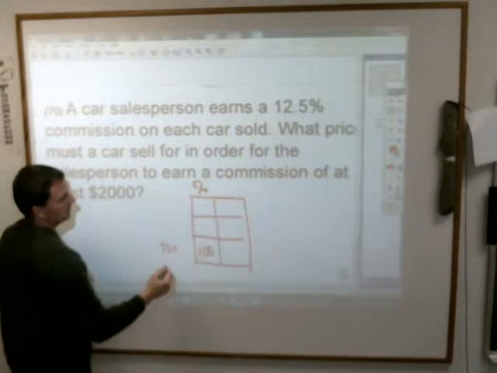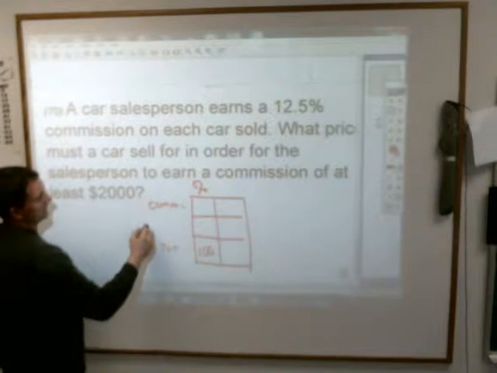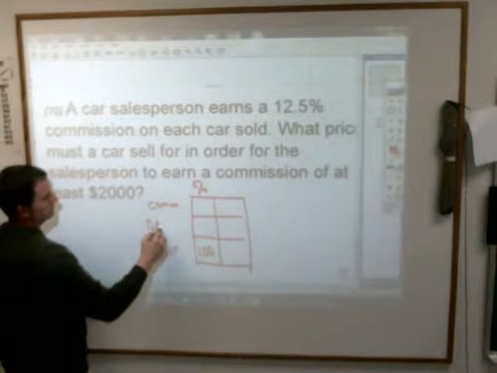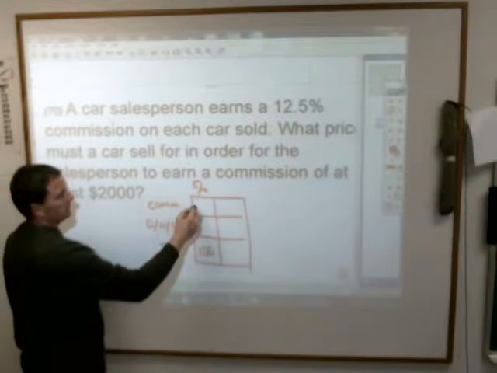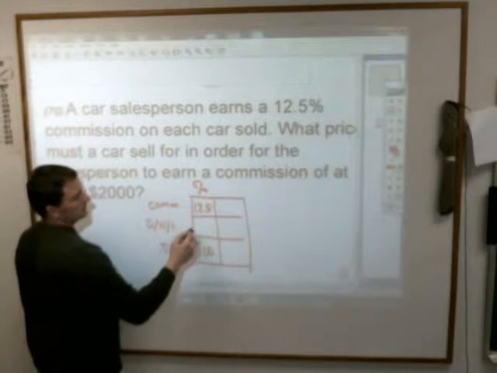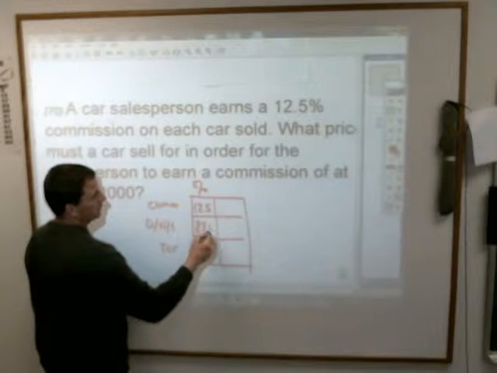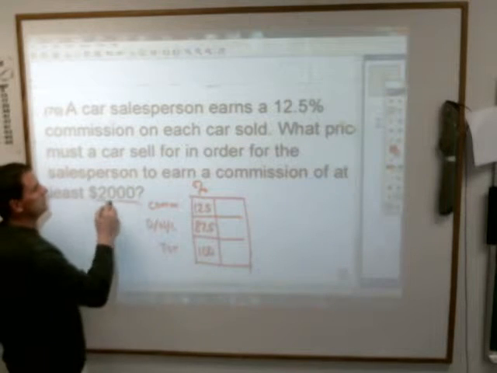Total's 100%. What he earns on commission and what he doesn't have commission on. And his commission is 12.5%, right? So what he doesn't get commission on is 87.5%.